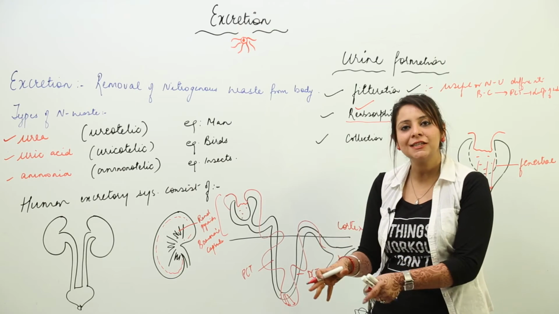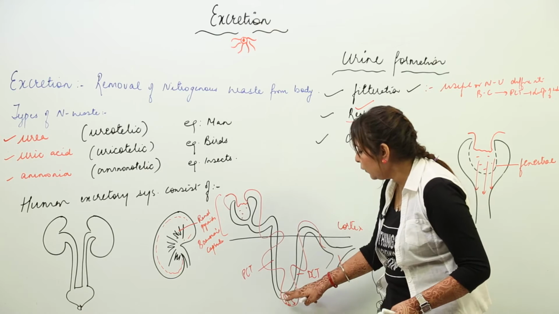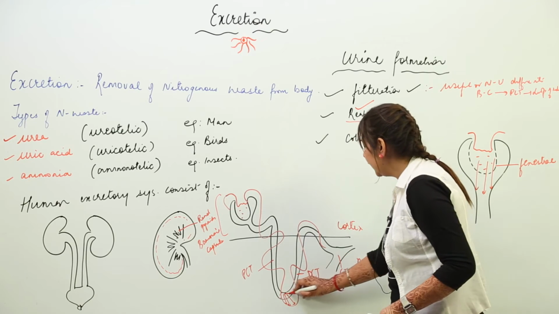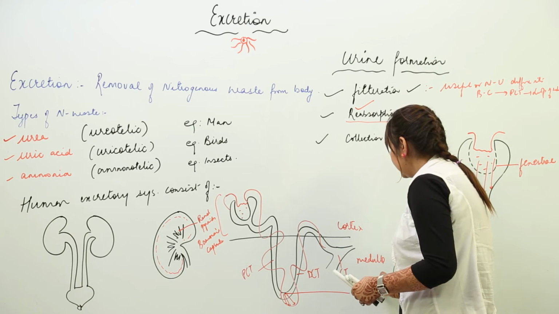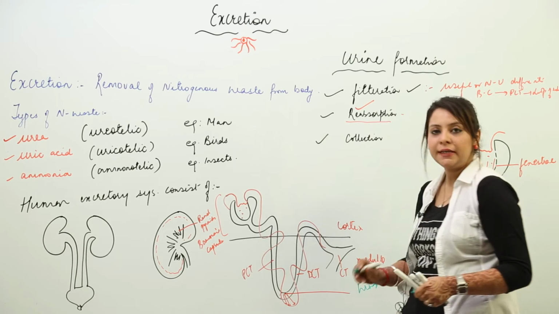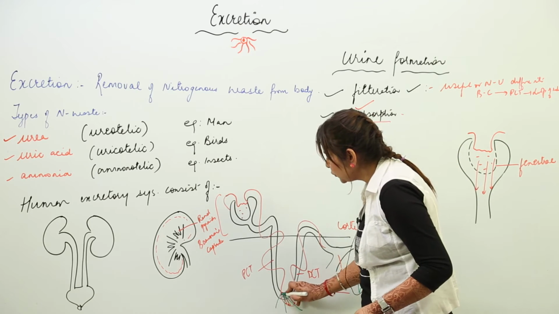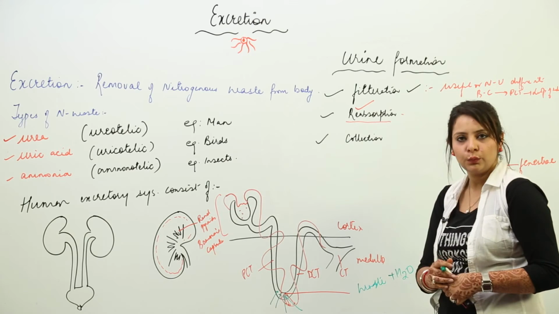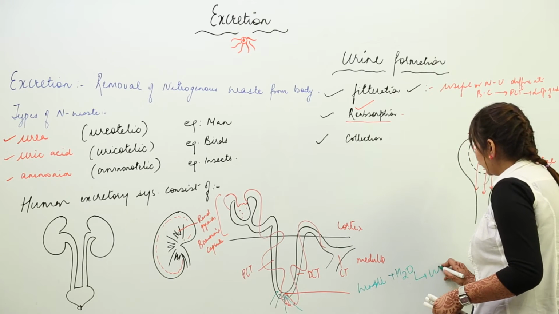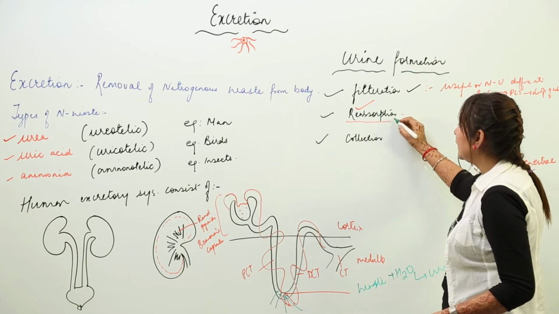That means the useful substances are reabsorbed by the blood, and the remaining ones left over are regarded as waste. The substances which are not reabsorbed are called waste. And in this region the water absorption takes place from outside. So waste combines with water and forms urine. Now this is reabsorption.